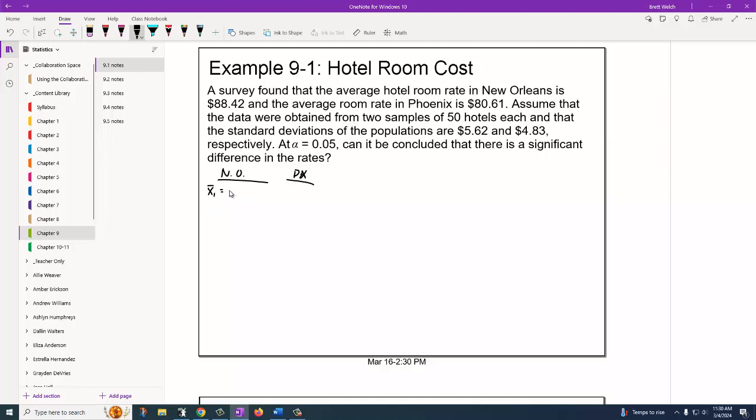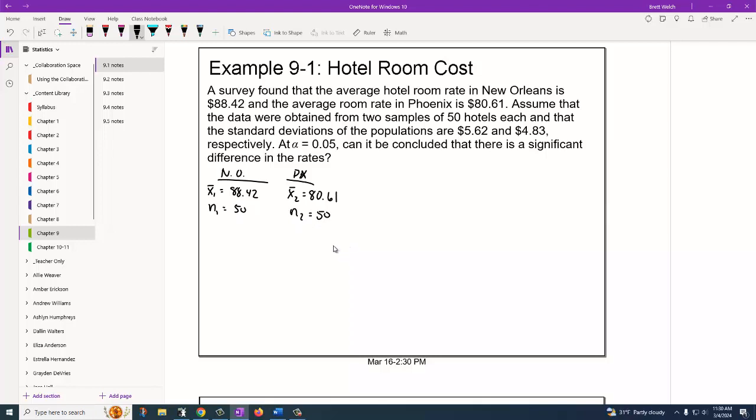My first sample mean was $88.42. And the average room rate in Phoenix, X bar 2, would be $80.61. Assume that the data were obtained from two samples of 50 hotels each. So the sample size for the first one is 50, and the sample size for the second one was 50.